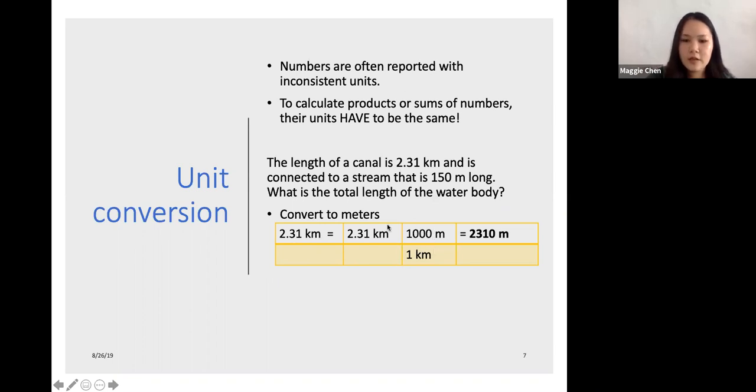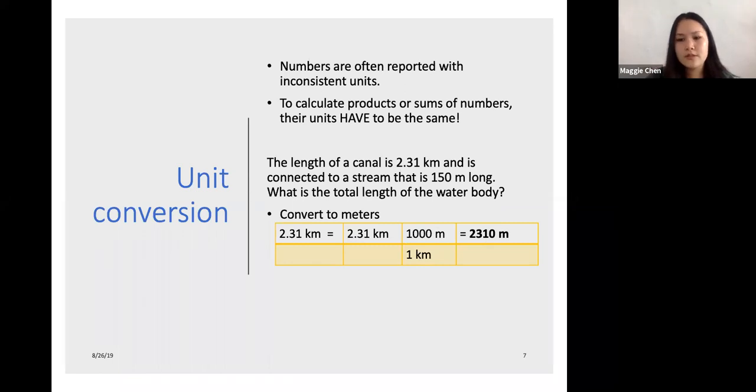This time, again, we want our units to cancel out, where the unit conversion will have the 1,000 meters at the top of this fraction, the 1 kilometer at the bottom, and the kilometers would cancel out here and we'll be left with meters at the end. So 2.31 kilometers times 1,000 meters divided by 1 is 2,310 meters. So we've converted the length of the canal from kilometers to meters.